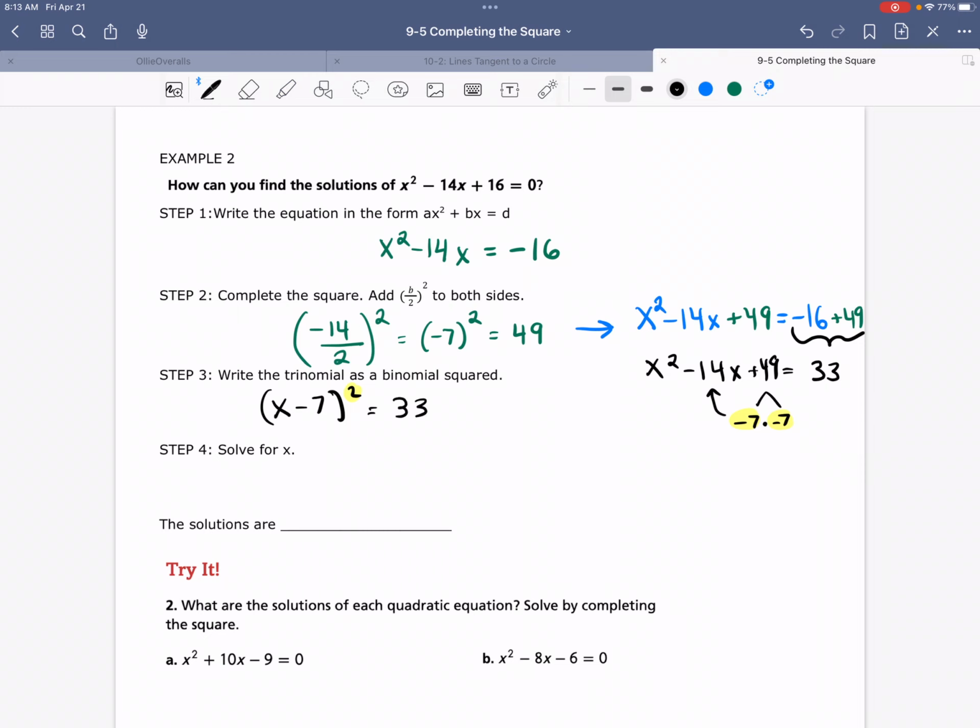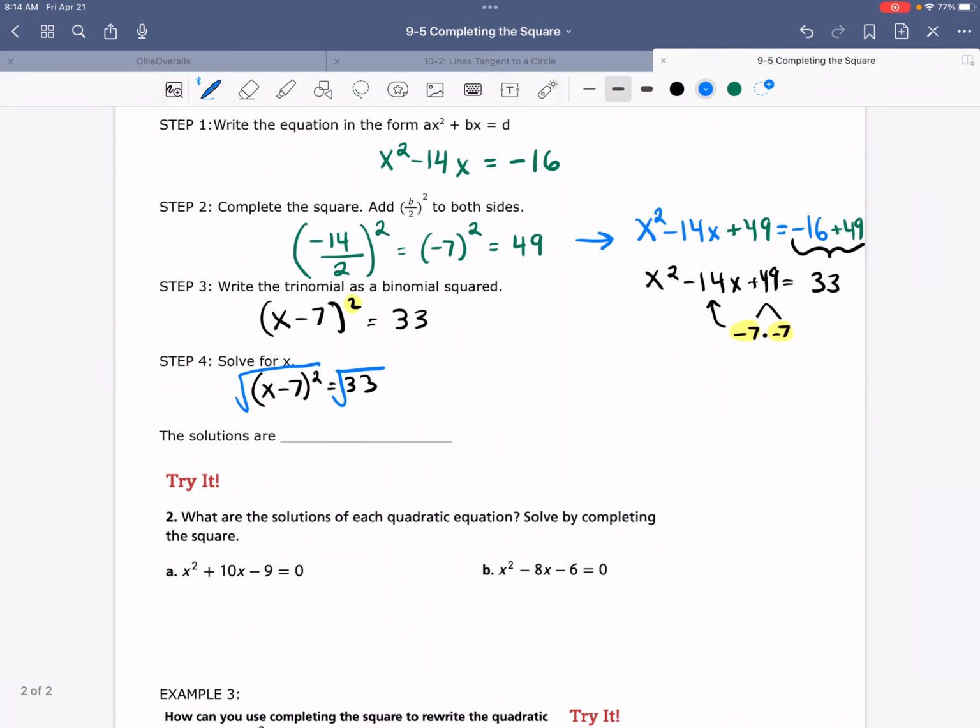Now we just need to solve for x. So we would have x minus 7 squared equals 33. I'm going to take the square root of both sides. And when I do that, I get x minus 7, because the squared and the square root cancel, equals the square root of 33.